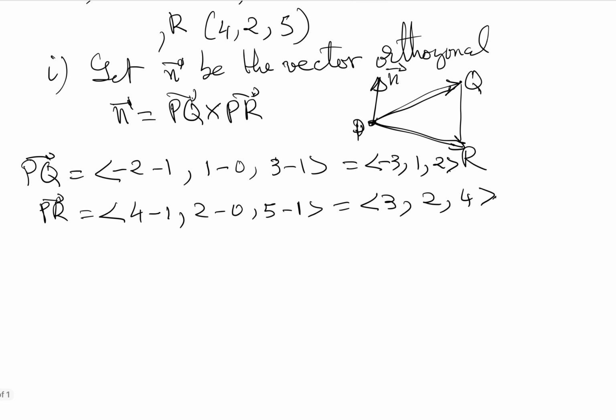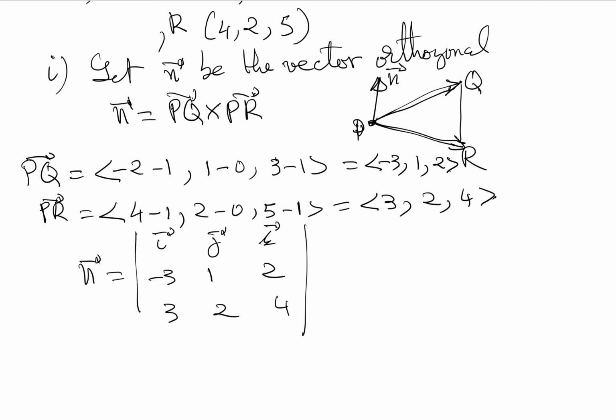So now you take the cross product of those. You have here the i, j, and k vectors, then (-3, 1, 2) and (3, 2, 4). If you take the cross product, for the i vector you have parentheses 4 minus 4.